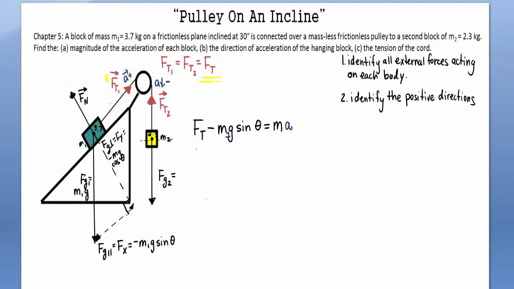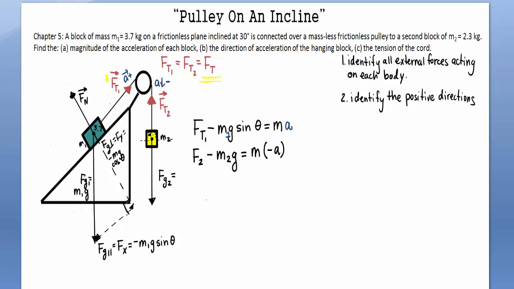My second equation, we're going to say Ft2 minus m2g equals m times negative acceleration. Okay?